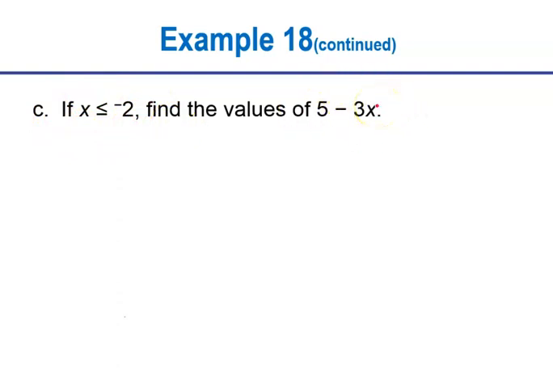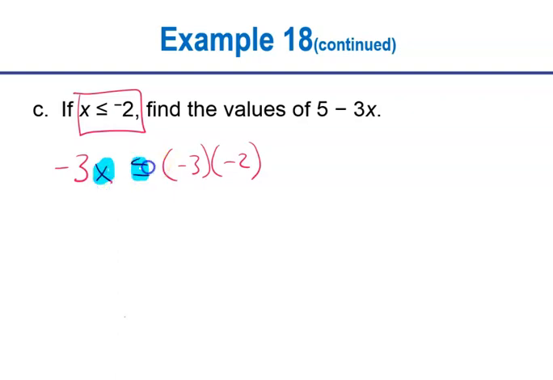So here we go. I need a negative 3 times this x. So I'm starting off here, and I'm going to multiply this x by negative 3. And I'm also going to multiply the other side by negative 3. Okay, so we started off again. Let's highlight. x is less than or equal to negative 2.